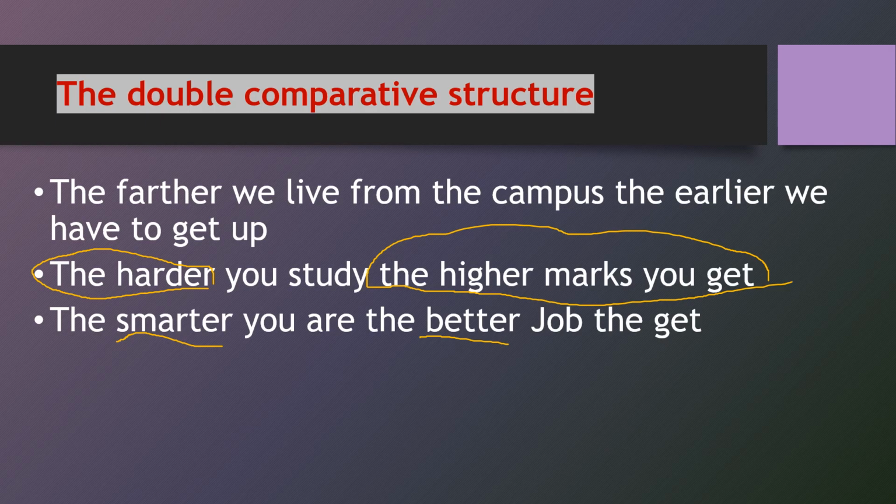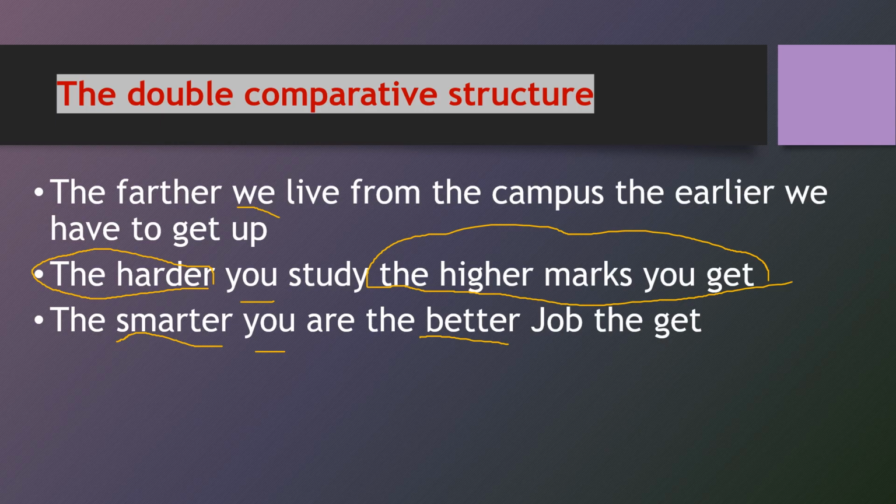Okay? If you look at the structure, all of them consist of the and then the comparative degree. In the first place, we have the further, the harder, the smarter. Then it is followed by the subject. And after that, you have the comparative thing. We live, for example, from the campus.